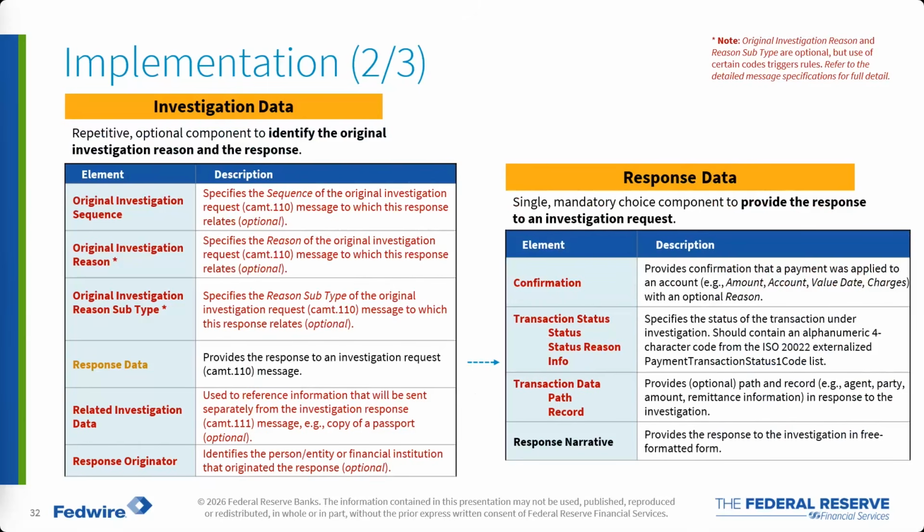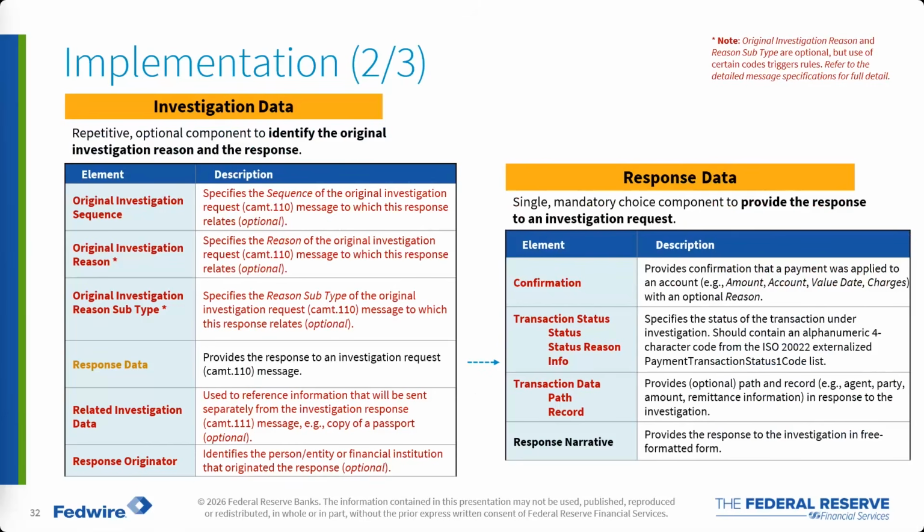For example, if you receive an investigation request from a correspondent that would like to have the account number of the client involved in the transaction that was missing, you can provide that specific transaction data, the account number, in this element transaction data. So you will provide the path and the actual information that was missing.